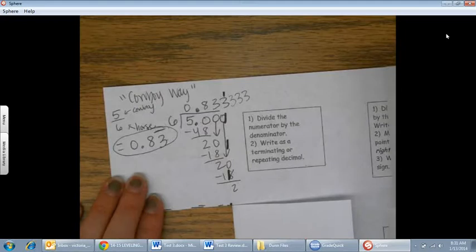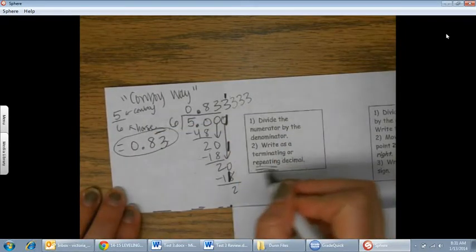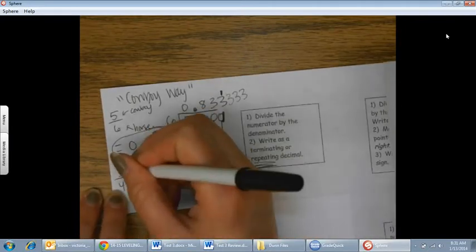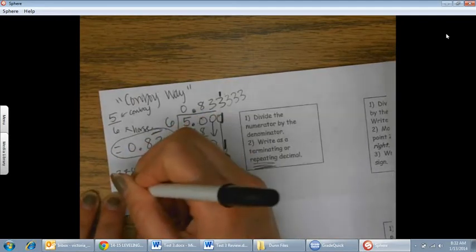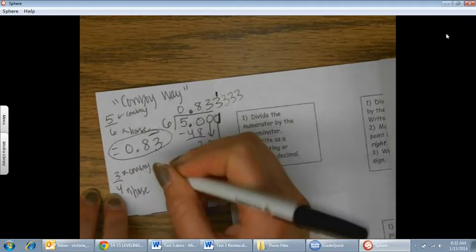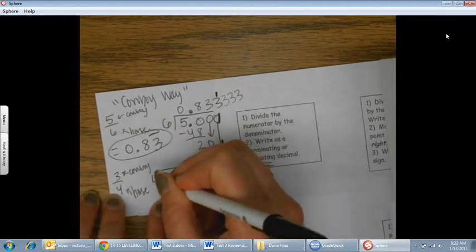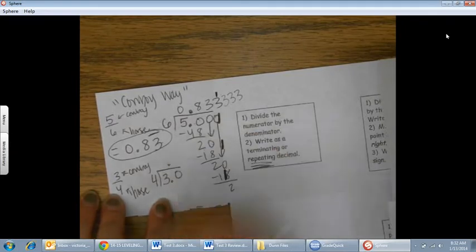In order to get a terminating decimal, again, 3 is the cowboy, 4 is the horse. You would tie the horse up outside while the cowboy goes inside. The cowboy kicks off his boots, raises his hat, and eats a donut. 4 goes into 3 0 times, 4 goes into 30 7 times.